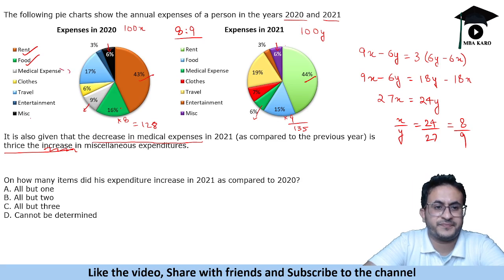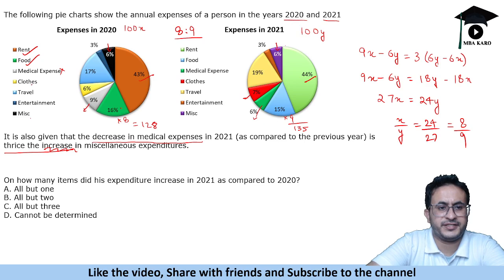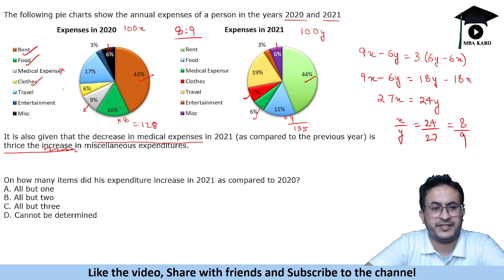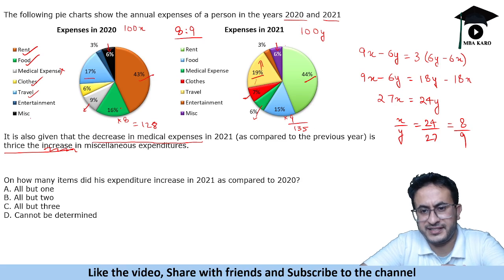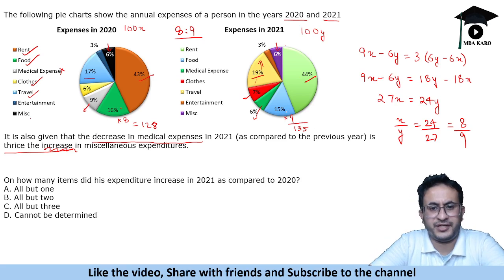Medical decreased, which we are already given in the question. Clothes 6%, 7%. The proportion is increasing, so expenditure is going to increase. Then if you look at travel, it is 17% here and 19% here. There is an increase in proportion and overall also, so expenditure increases. You are not supposed to calculate each and every value. Only in food we had to check.